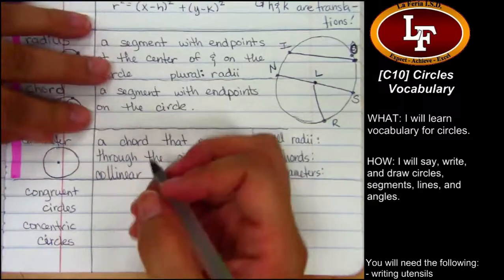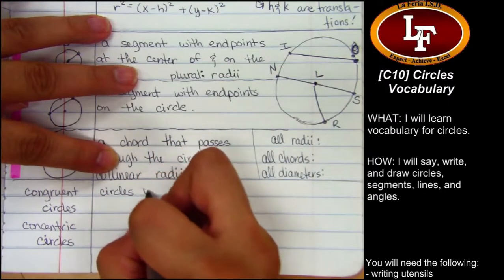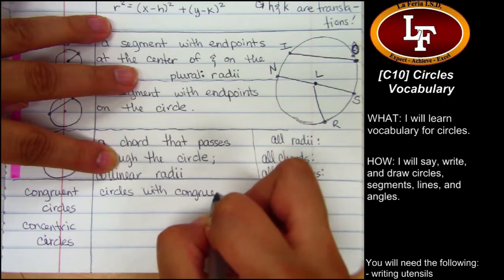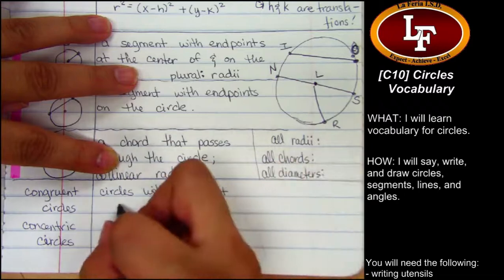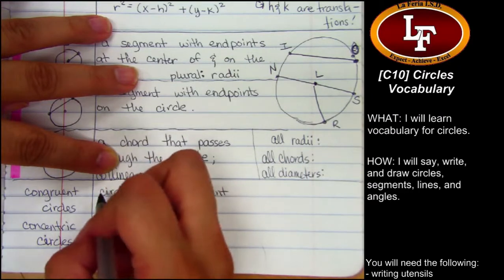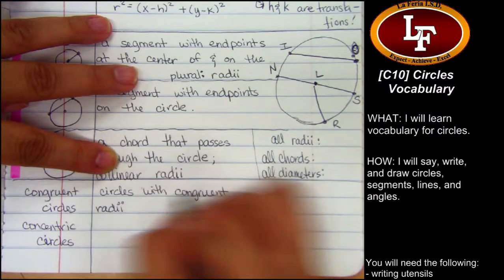So congruent circles are going to be circles that have congruent radii. That's all they need. Congruent radii.